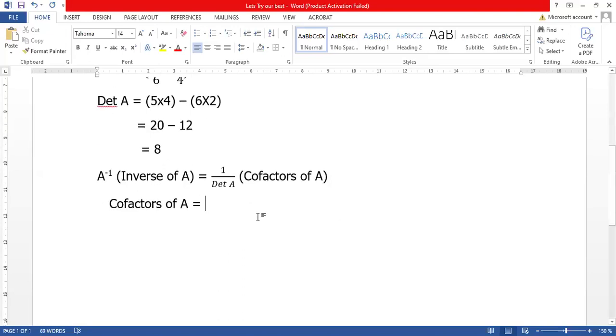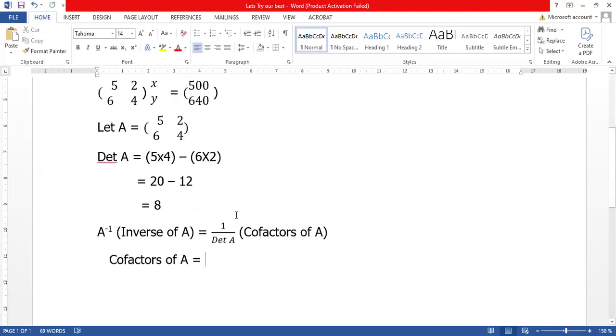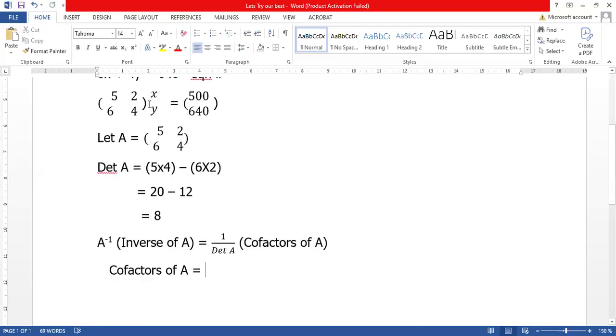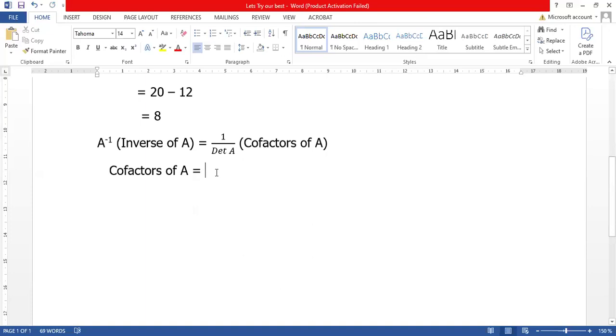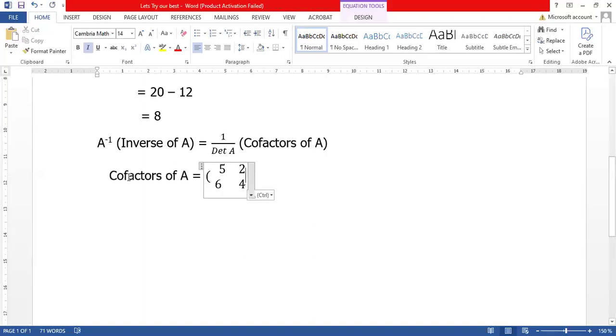We interchange the figures on the major diagonal, and change the signs on the minor diagonal.